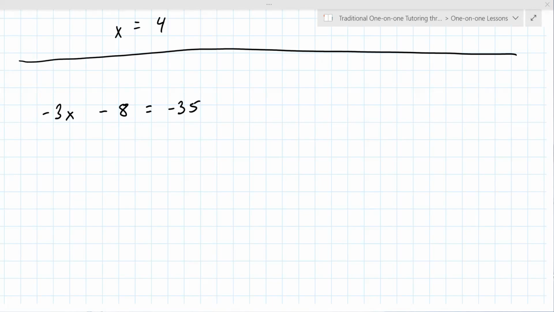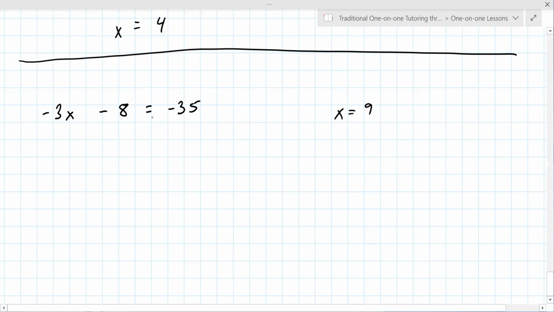How are you doing on this one? I'm doing good. X equals 9.